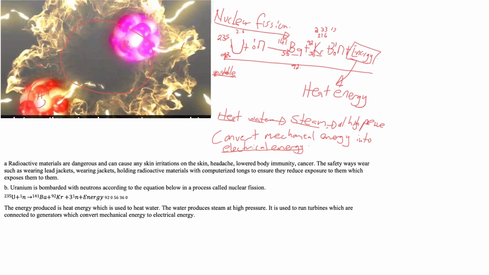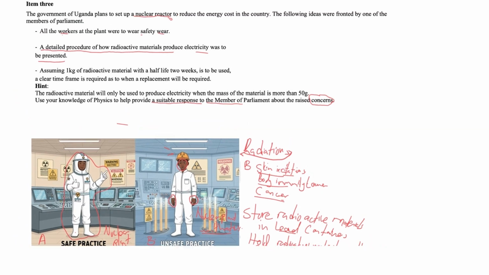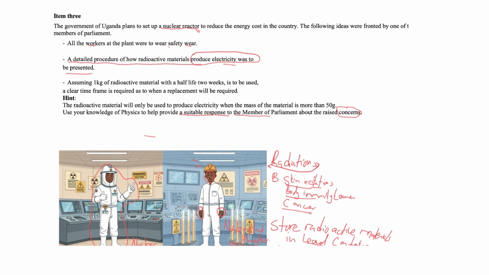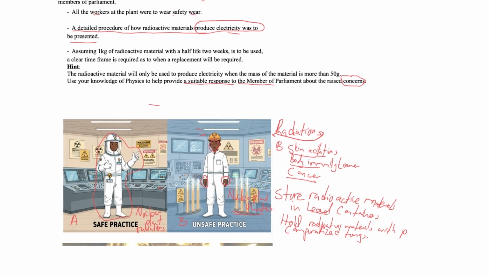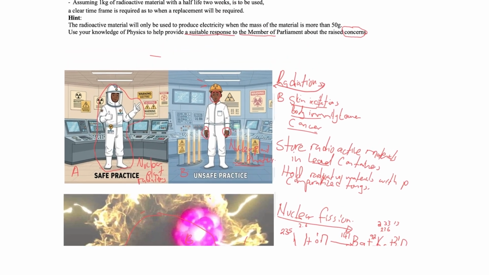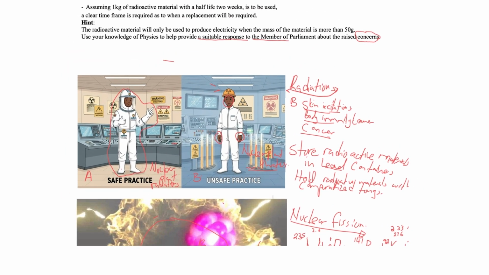Once we have electrical energy, it means we have produced what? Electricity. Okay, so that is how the second concern was. That was a report on how electricity was to be produced.